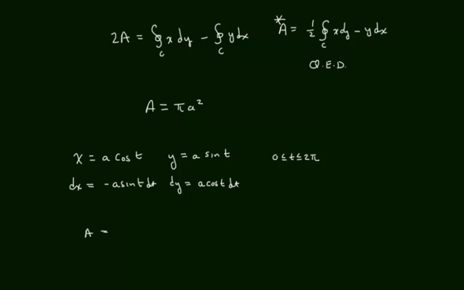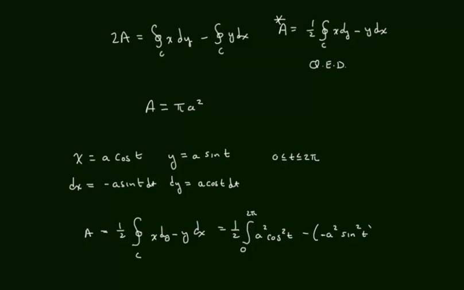Then if I employ my formula above, I have 1/2 the line integral over c, the boundary, x dy minus y dx, which then equals 1/2 the integral from 0 to 2 pi of a squared cosine squared t multiplying the x and the dy, minus negative a squared sine squared t multiplying the y dx, all of this dt.